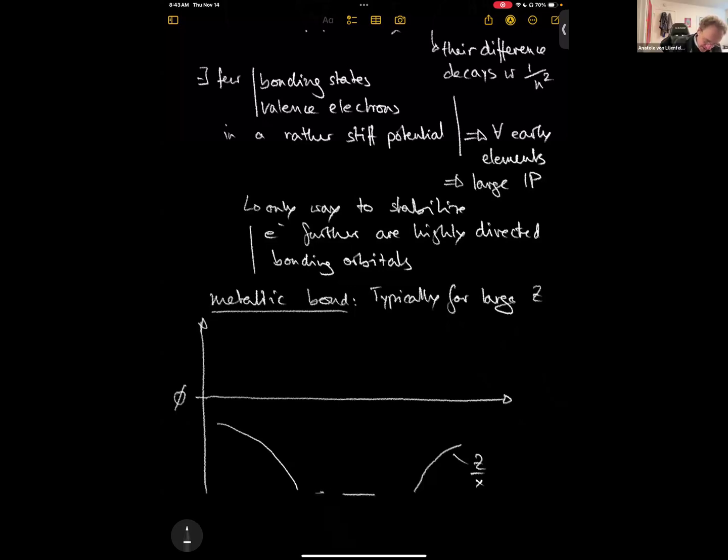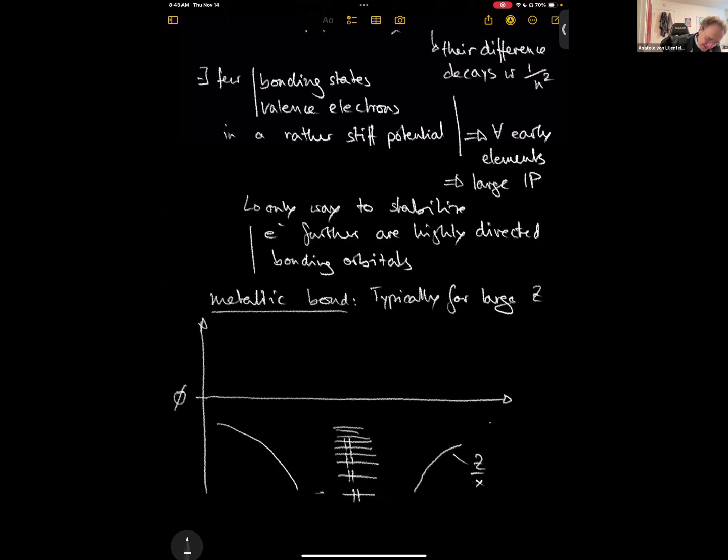So your states, there are much more states, and the differences decrease inversely with n squared. But now you have all these electrons which you have to fill, right?